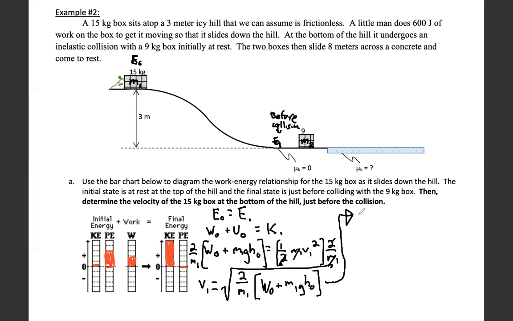So v1 equals the square root of 2 over 15 kilograms times that 600 joules plus 15 kilograms.